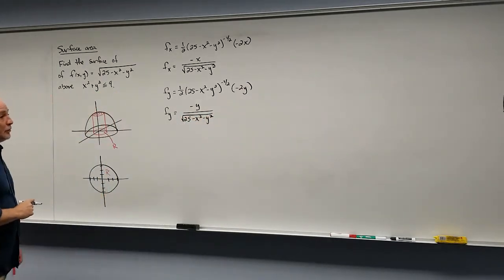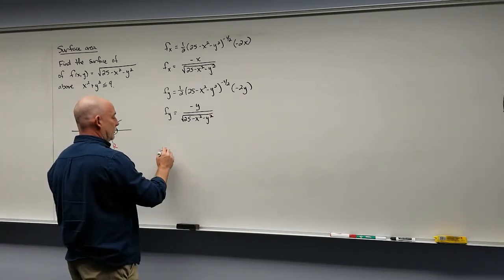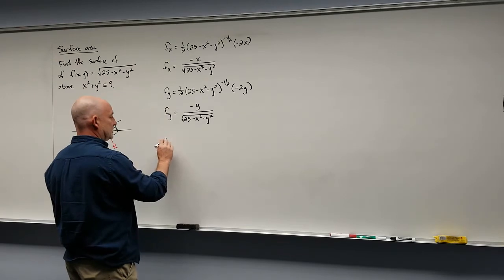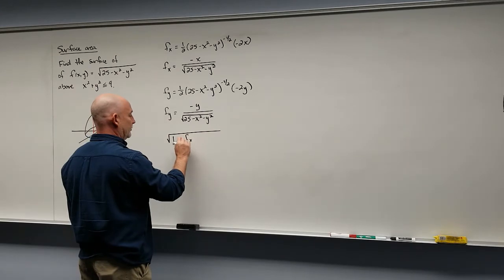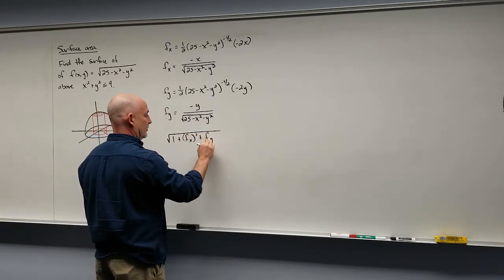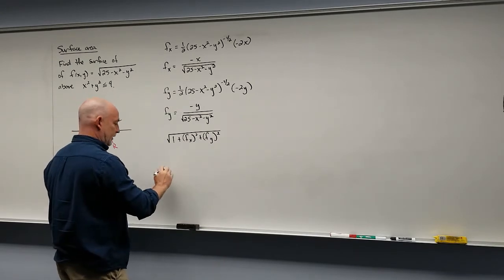Okay, so now we need to plug it into our formula. So let's go ahead and just do this on the inside. The inside, remember, was the square root of 1 plus f sub x squared plus f sub y squared. So let's see if we can simplify this. This is going to be messy.